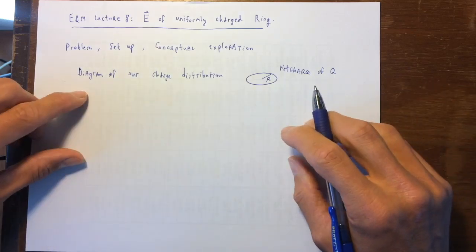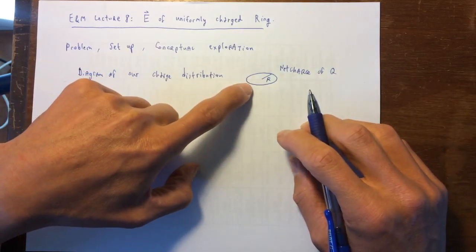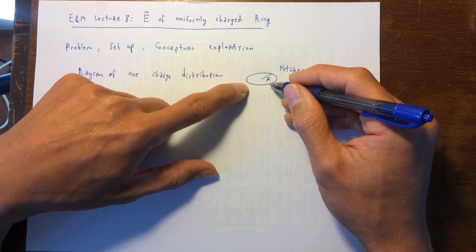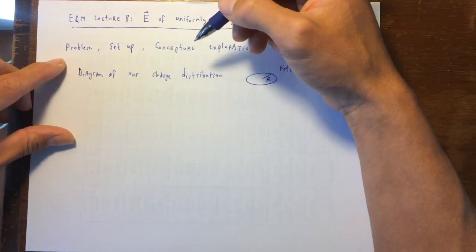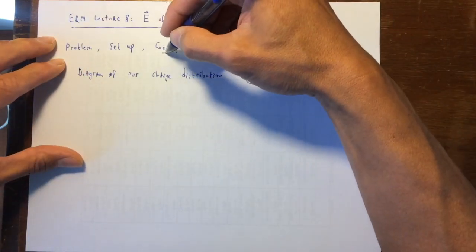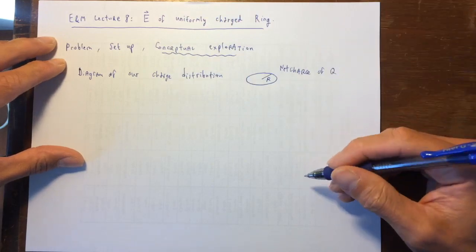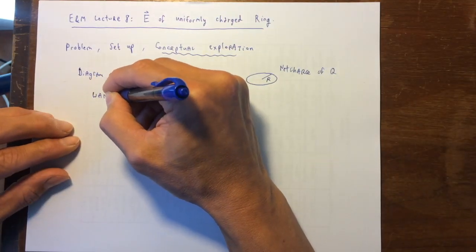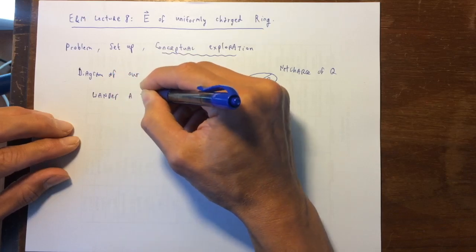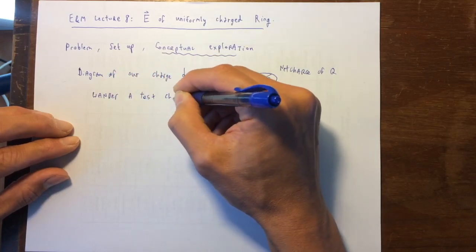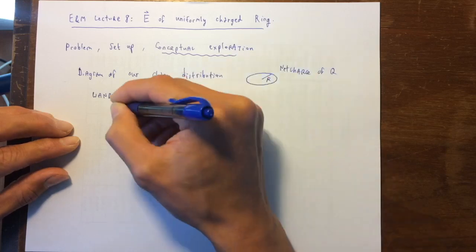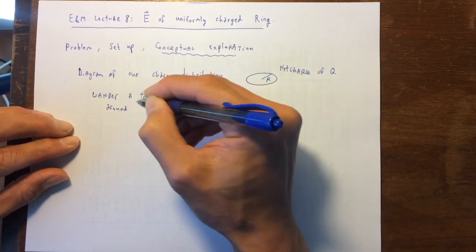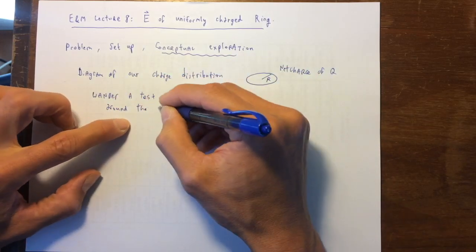So here's our charge distribution, and now let's think a little bit conceptually. Let's wander a test charge around the ring.